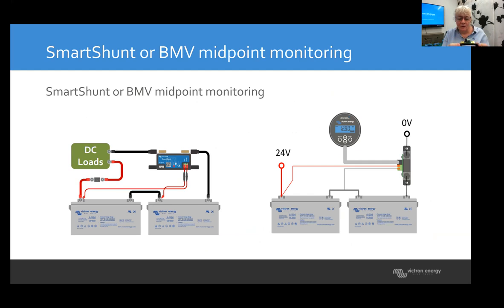That gives you an early warning sign. As soon as you get so many percent difference between the 2 batteries, it will give you an alarm. It's a good indicator of whether there's something wrong with your battery bank. Also, if one battery stops working towards the end of the battery lifetime, just before that, the midpoints will go really bad. So you have something to check.